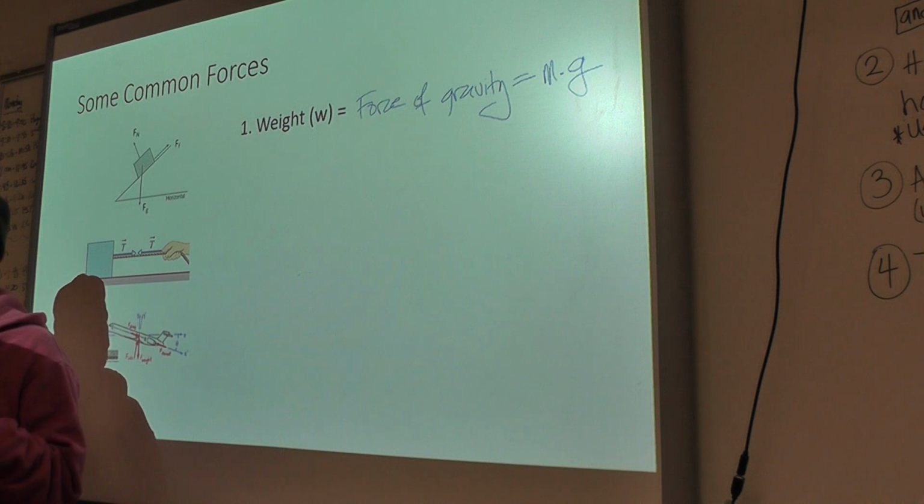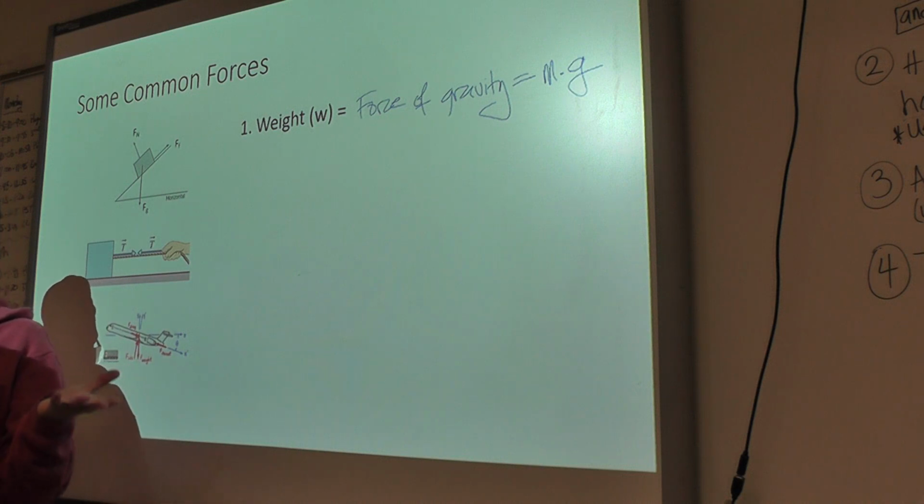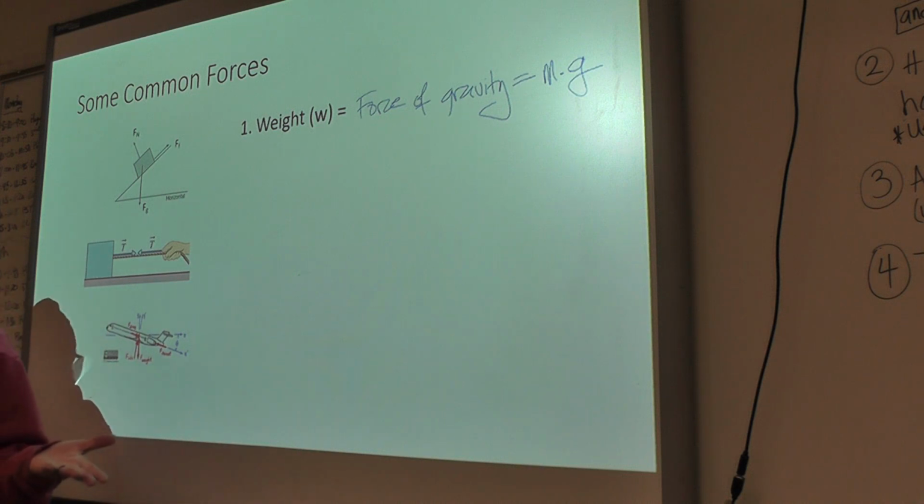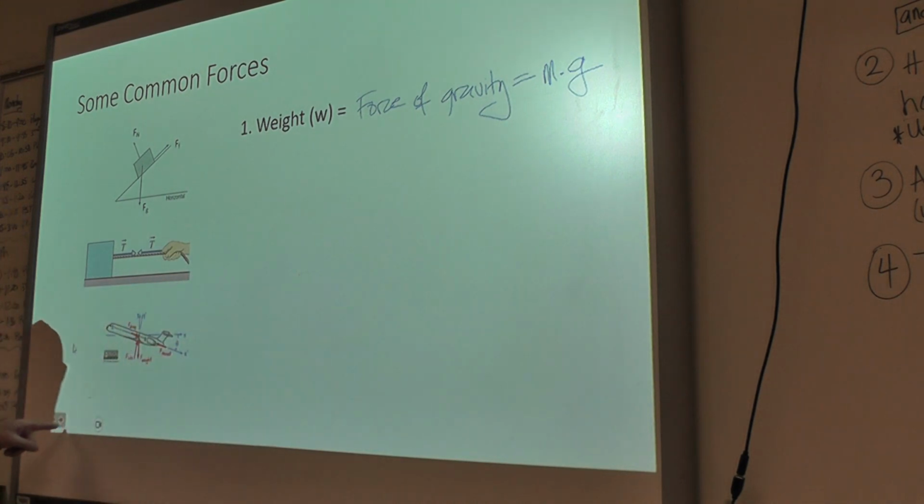You'll confuse yourself, and I say that based on experience. So be aware, g is not gravity, g is the acceleration of an object in free fall near the surface of the Earth.